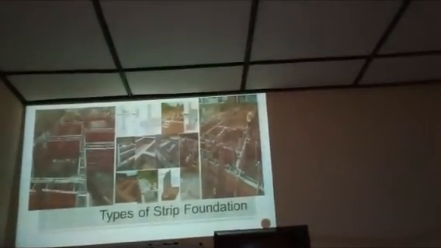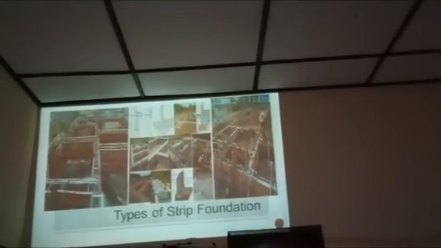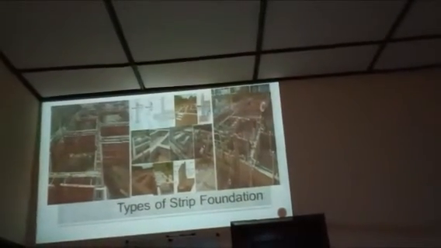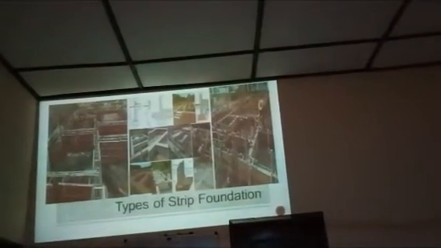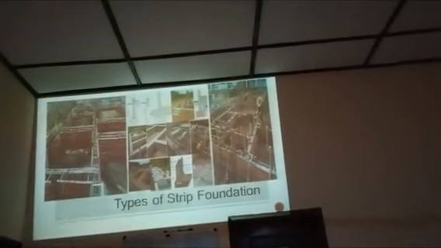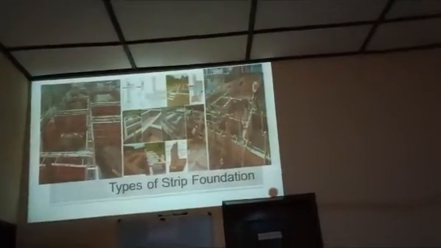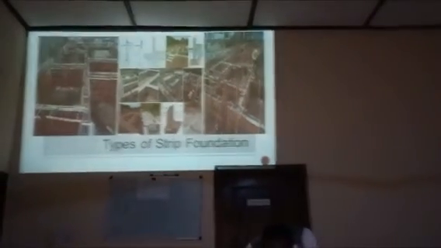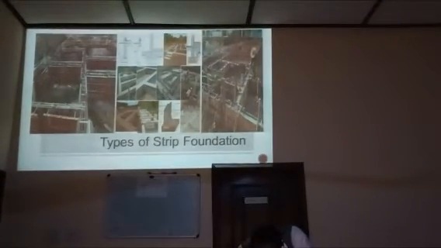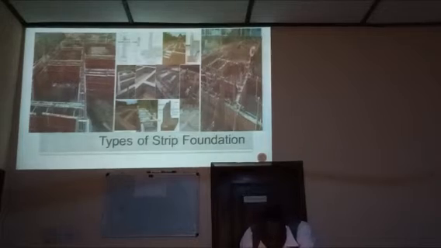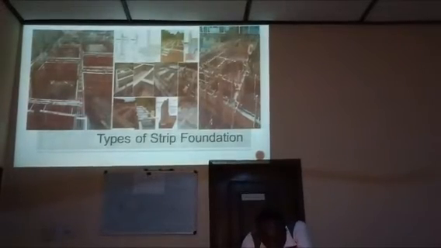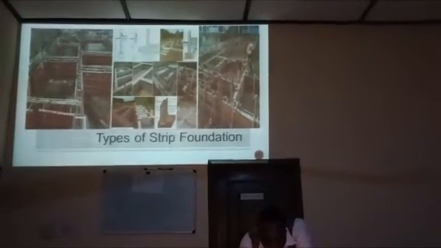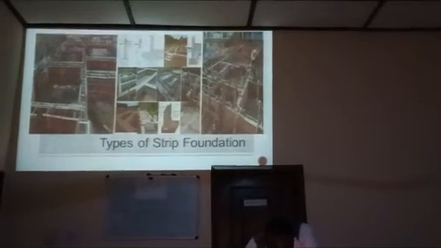Raft foundation is separate from raft strip footing. Let me tell you the difference. Raft strip footing: after we have done the columns, we still need to cast everything to cover the whole entire building, make it thick.